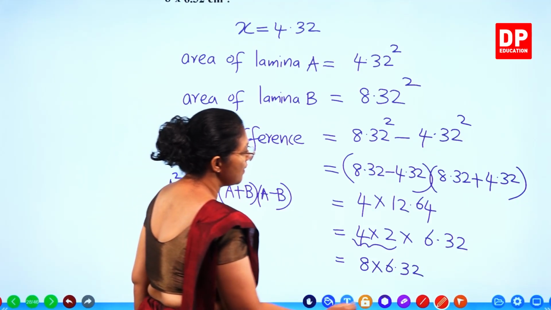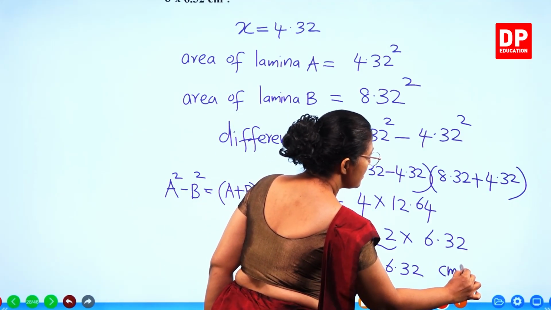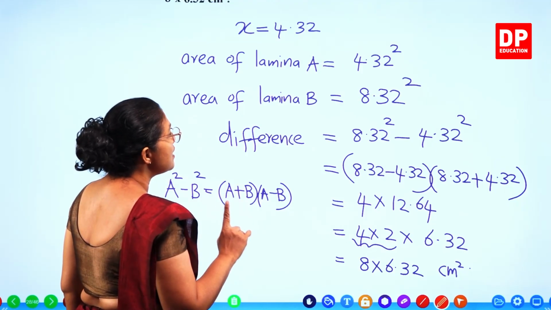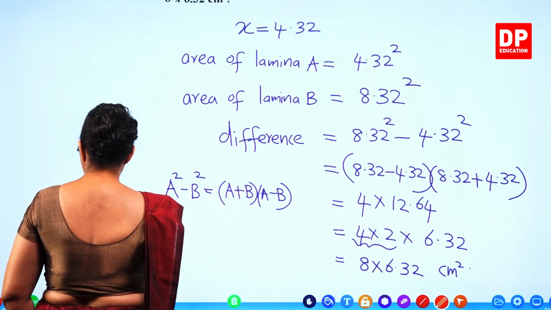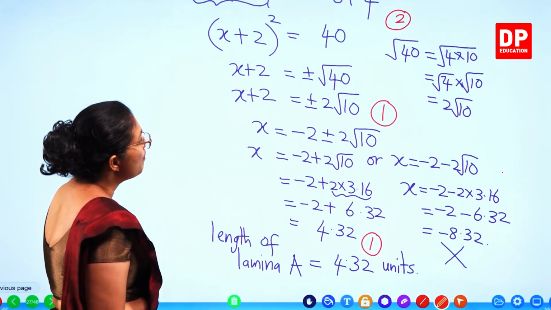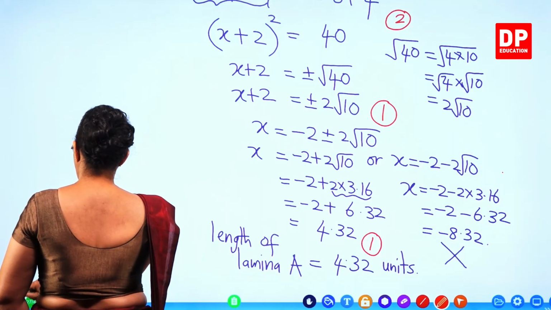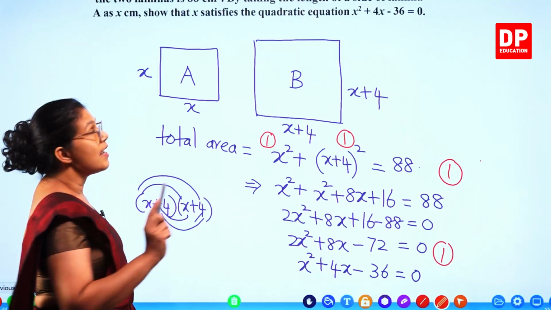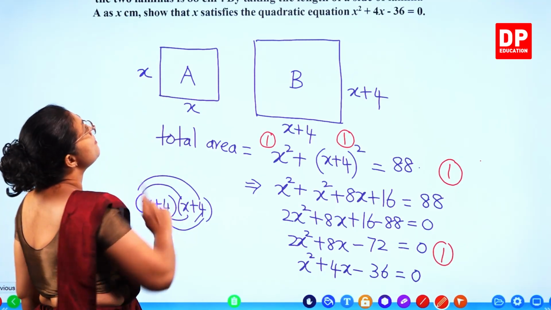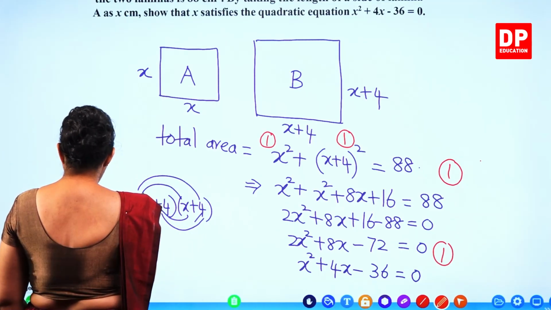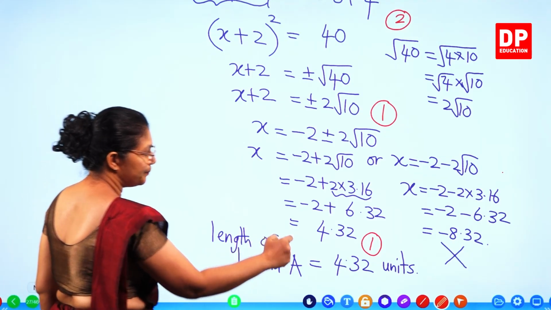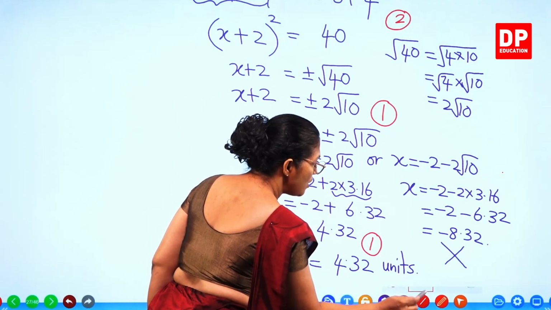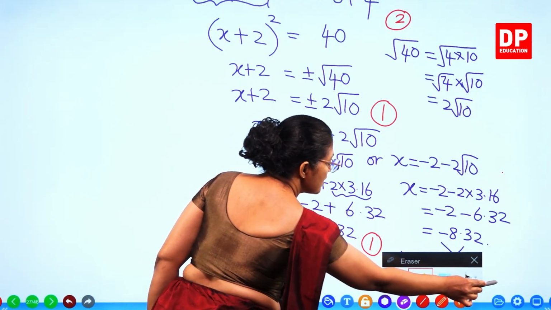And the units are given as square centimeters. So that means centimeters are given. In the previous part, can you remember we put units? That means let's take where the centimeters are given. In the question, it's x centimeters. So we can write centimeters here.